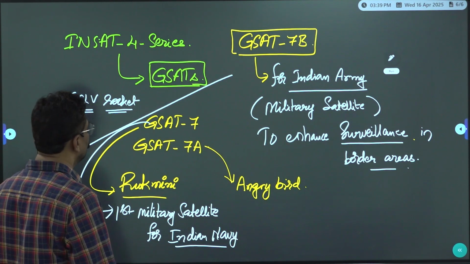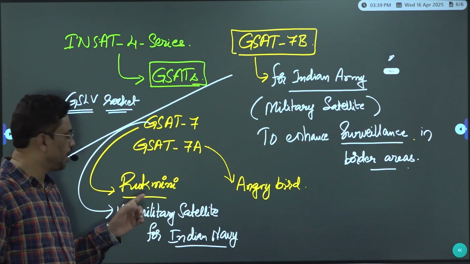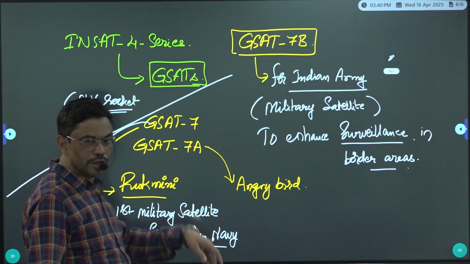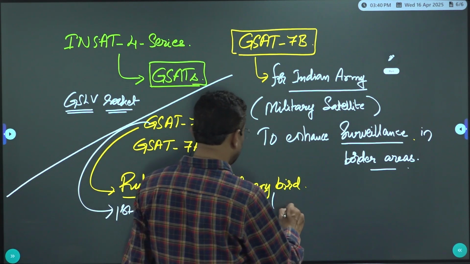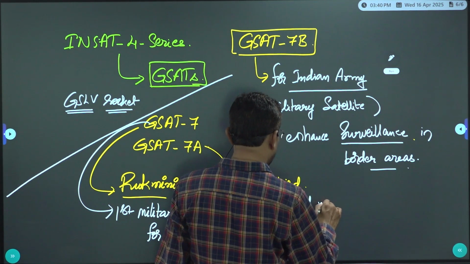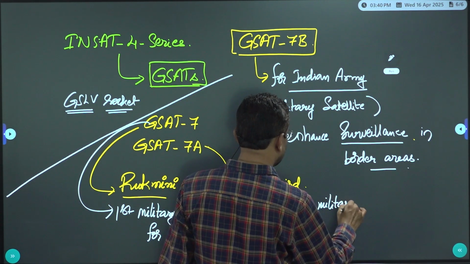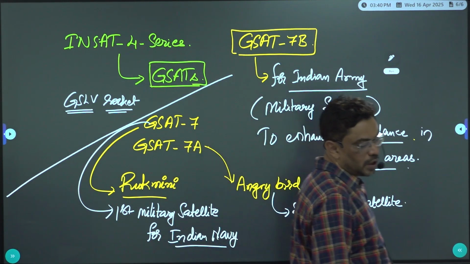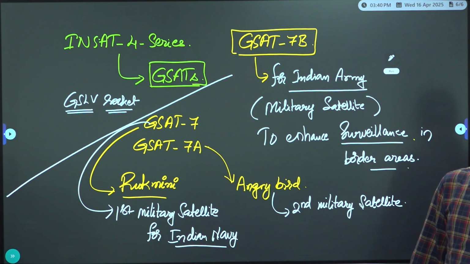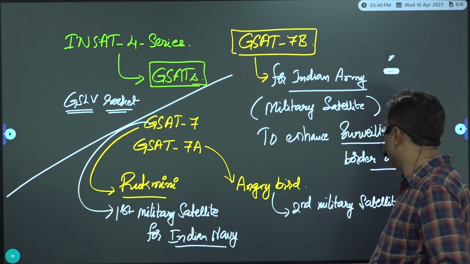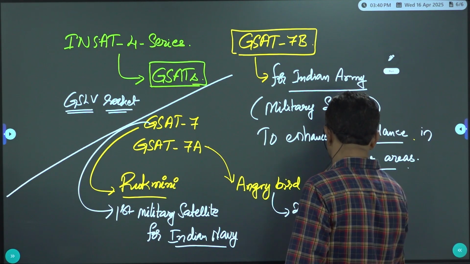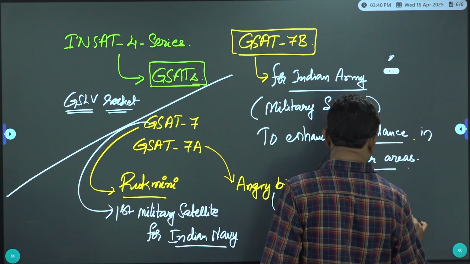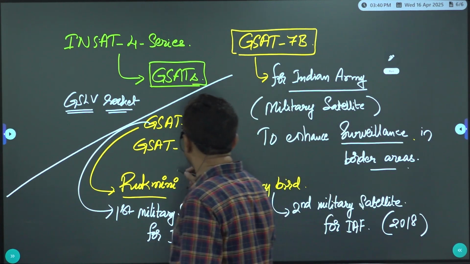Whereas GSAT 7A, called Angry Bird, was the second military satellite, for the Indian Air Force. It was launched in the year 2018, whereas Rukmini was launched in the year 2013.